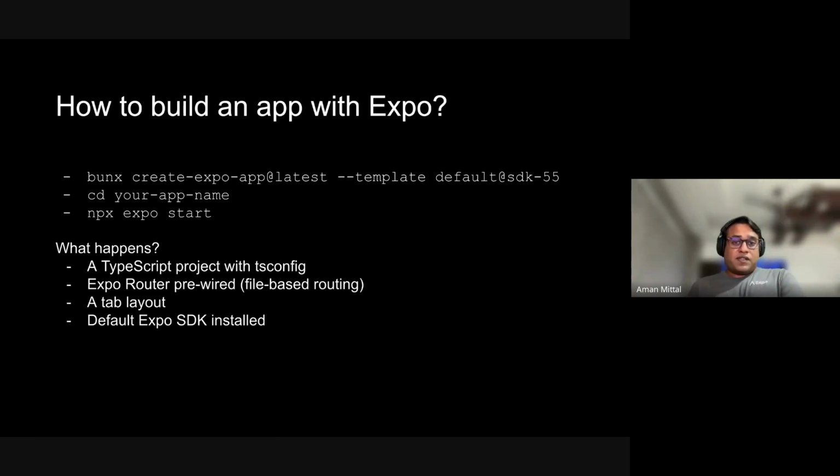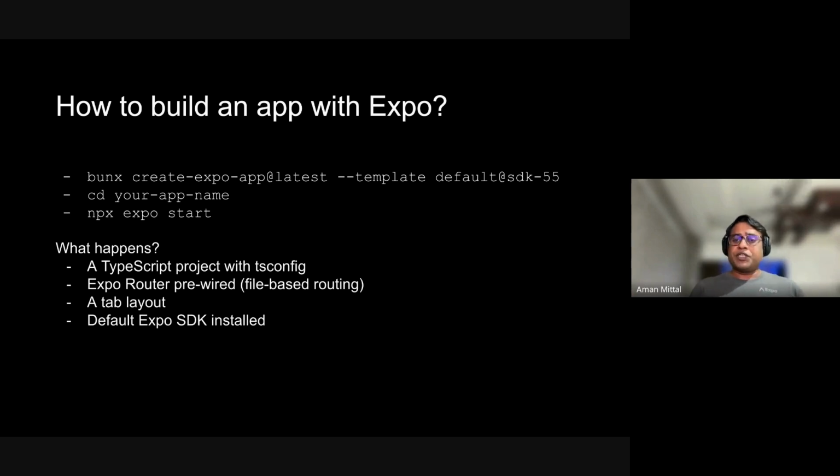This particular slide is only for folks who have never built an app with Expo, and it is really easy to get started. All you need is Node.js installed and your favorite package manager like npm, bun, yarn, pnpm, and you run this create-expo-app command, and you get a boilerplate project.